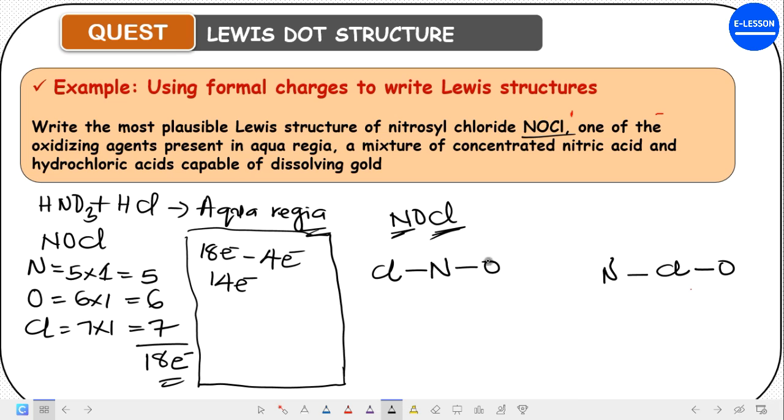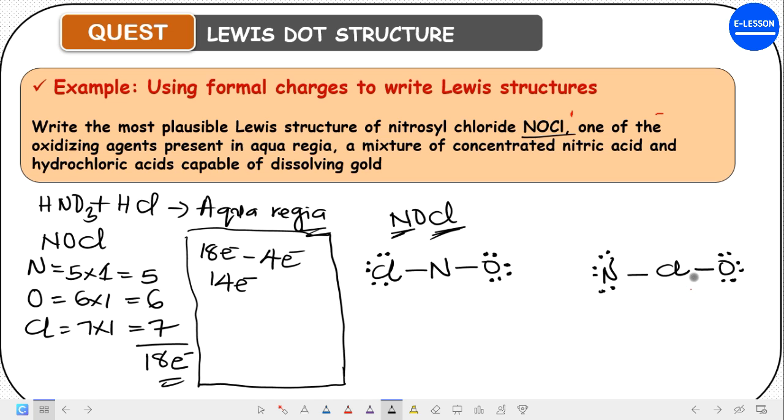The next step says you should complete the octet of the terminal atoms. So let's complete this. 1, 2, 3, 4, 5, 6 plus this 8. Each terminal atom gets 6 plus the bonding pair, making 8.